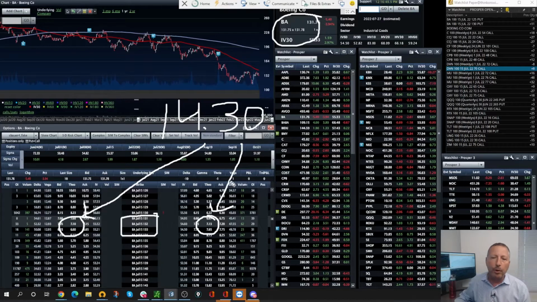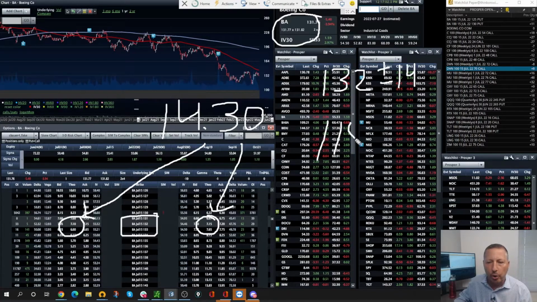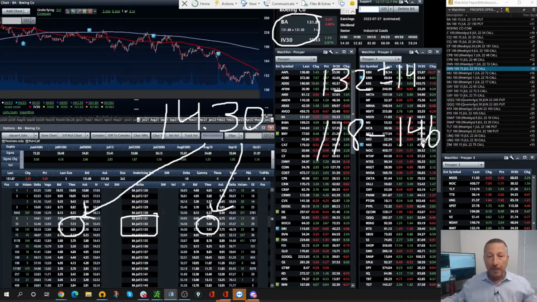Okay, so with Boeing trading around 132, if we take our 132 plus or minus approximately $14, just rounding off here, that gives us an expected range in Boeing going out to July 15th of 118 to the downside up to 146. This will be our money range.